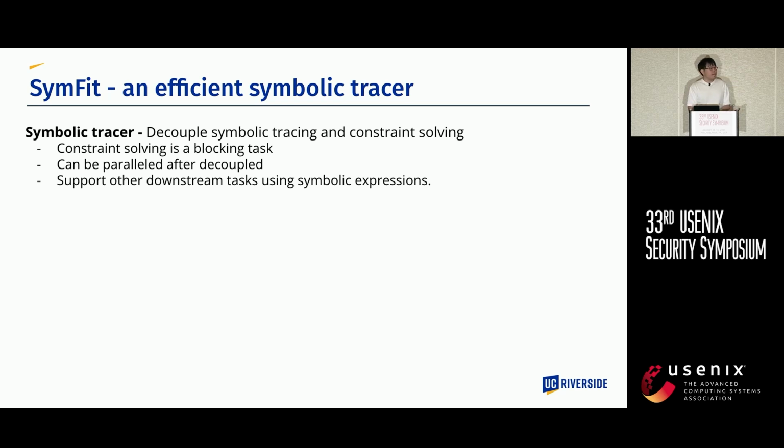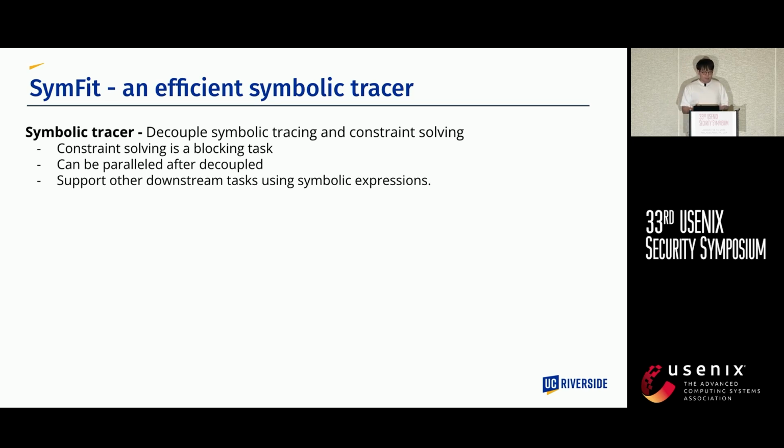So to put everything together, I want to present SymFit as an efficient symbolic tracer, which means we decouple the symbolic tracing functionality and the constraint solving part. This is because we found that the constraint solving is a blocking task in concolic execution, and a lot of the time, the engine is just waiting for the result returned from the constraint solving.